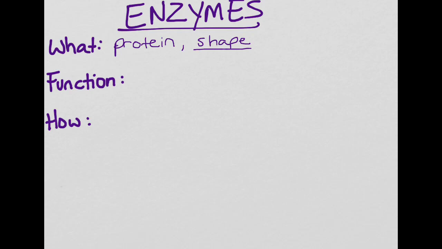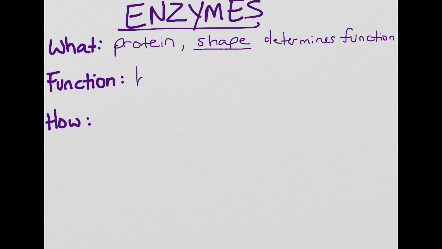What makes that protein have a specific shape, and it gives it its specific function. So the shape determines function. So if it's the right shape, it works well. Okay. All right. So what is its function?